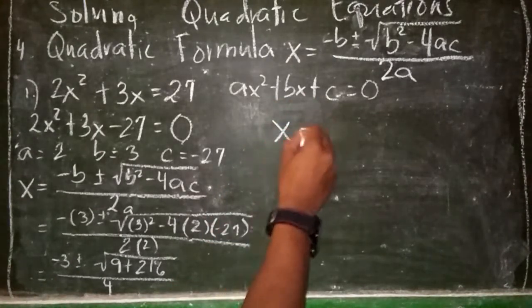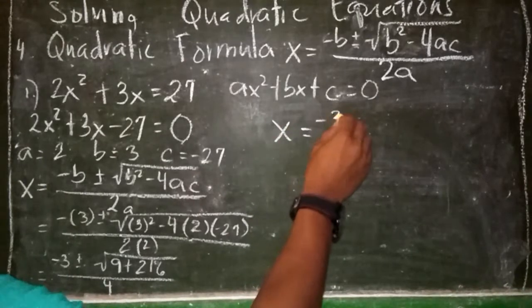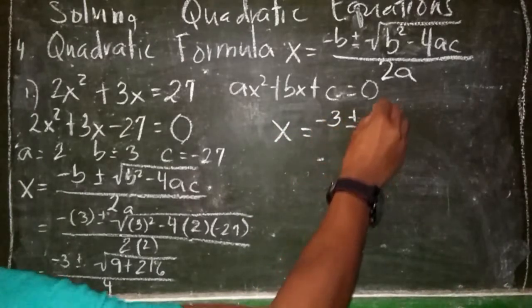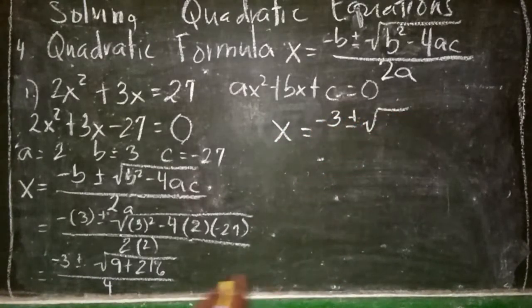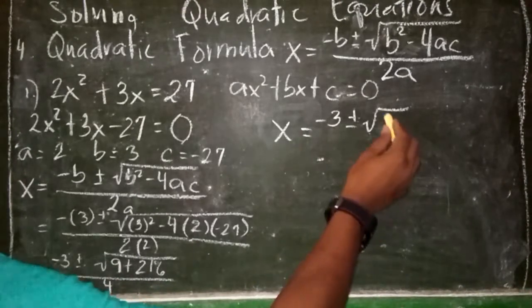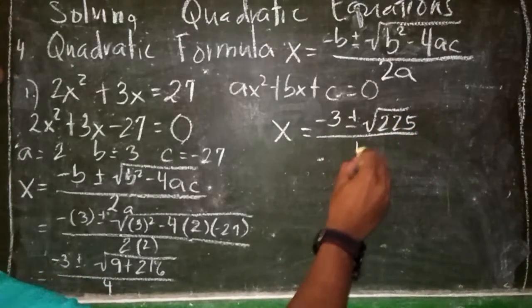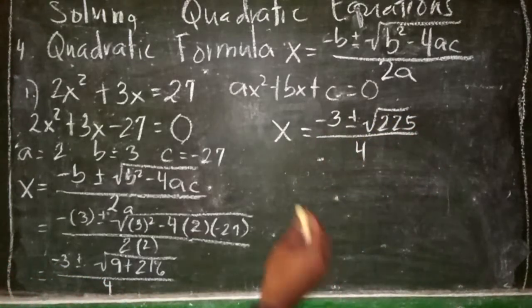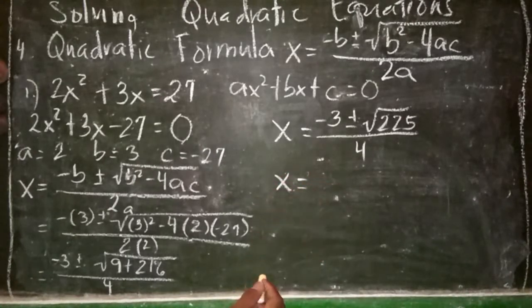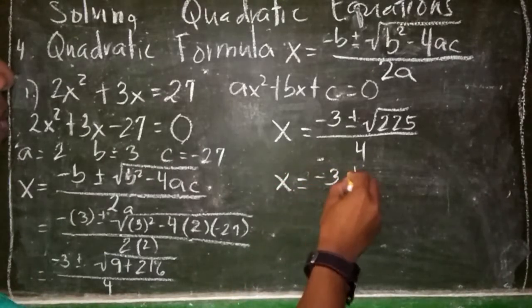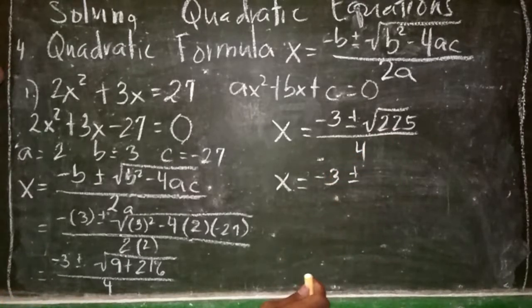So x now is equal to negative 3 plus minus square root of 9 plus 216. Okay, 225 all over 4. So x is equal to negative 3 plus minus, what is the square root of 225?